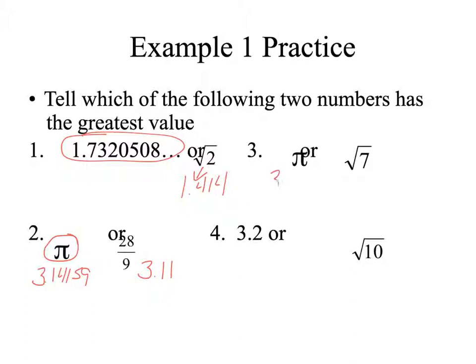Pi again, 3.14159. Square root of 7 is 2.645, so pi again ends up being bigger. 3.2 and square root of 10, square root of 10 is 3.16. 3.2 is larger.